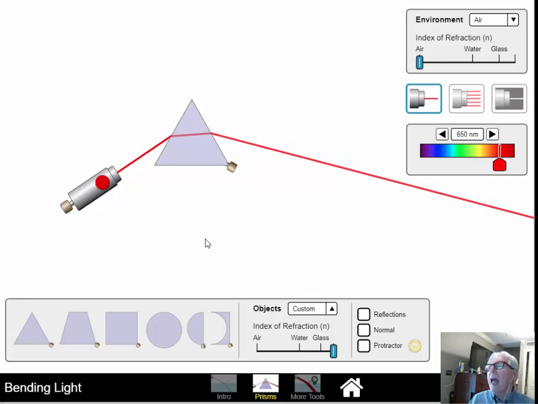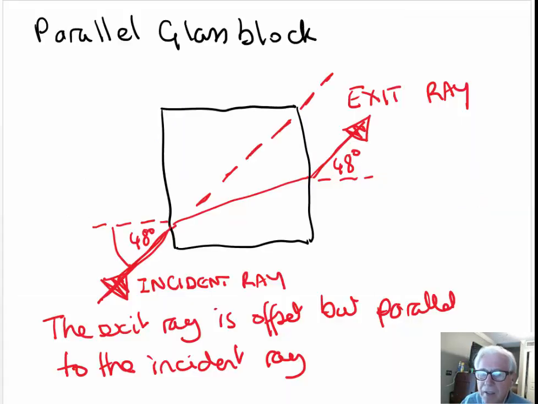And so I can define the difference between the direction of the original ray and the direction of the emerging ray, or the exit ray. And I call that angle the angle of deviation. So let me go to the next page.